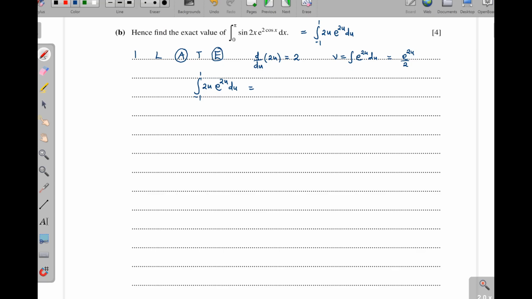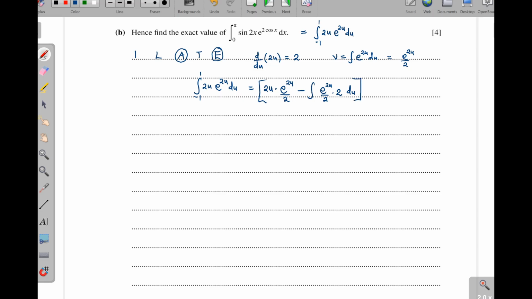So we get 2u, our u, times v, which is e to the power of 2u over 2, then minus the integral of v times du/dx. But here we are differentiating with respect to u, so we have a 2 here, and then the u.